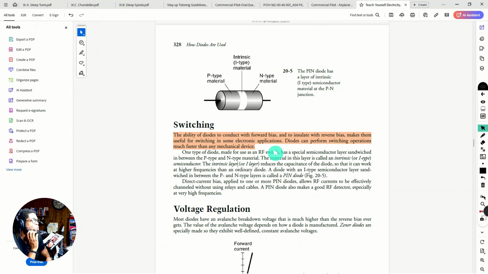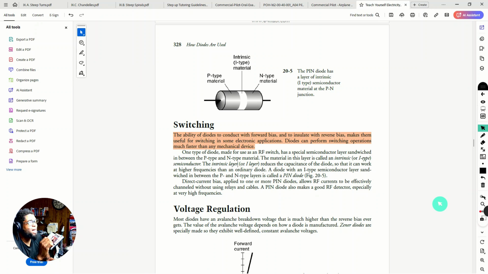So switching, you hear more often correlated to switching transistors, like IGBT transistors, the most modern renditions of our most powerful switching transistors. But of course, transistors are based on diodes, so they go hand in hand here.